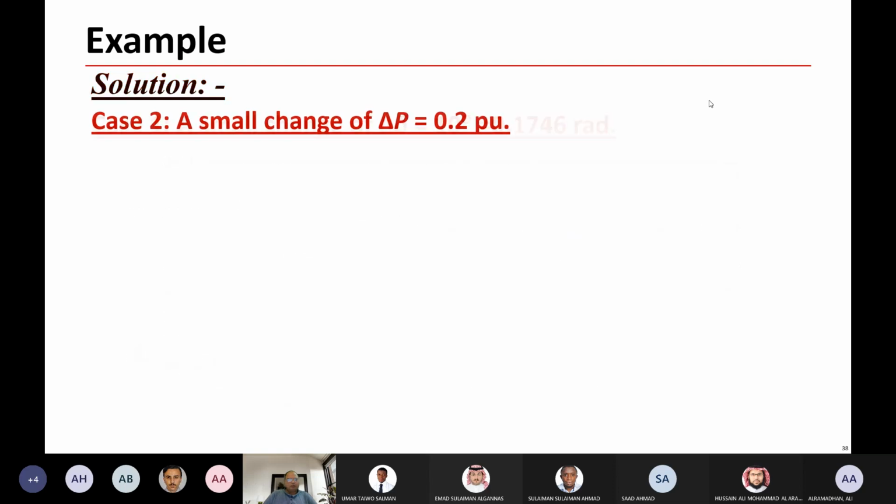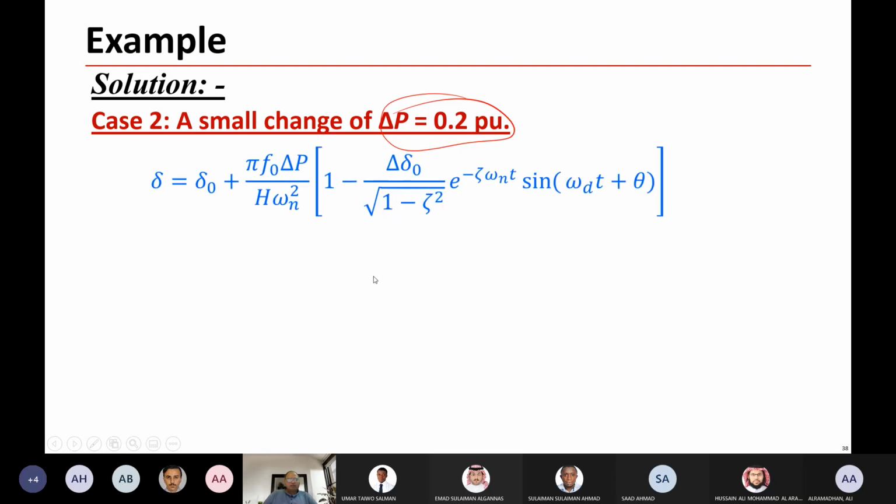Okay. So let us continue for the second case, which is the zero state response, where you have the step change in the power. We derived this case earlier, and we know that this is delta and this is omega, or frequency.